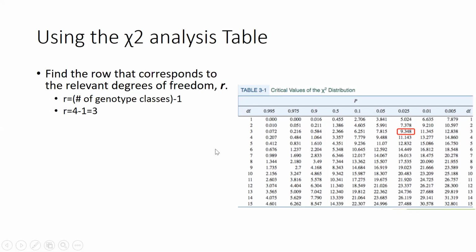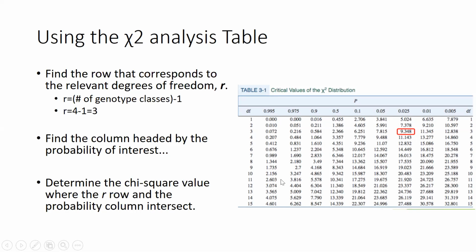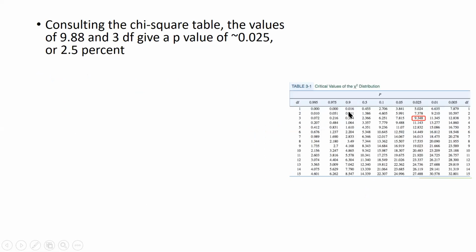So you come here, you have degree of freedom here. You look at where it's closest to. Our chi-square value was 9.88, right? So you go around where it's there, but never go higher than this value. So we come here, we see 9.348, but we see 11.345, right?